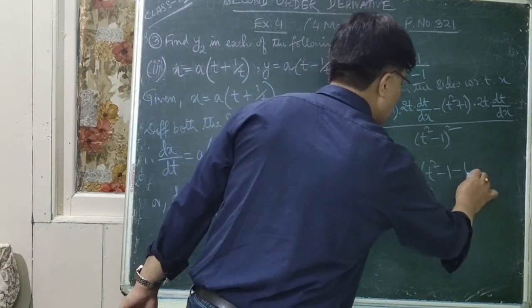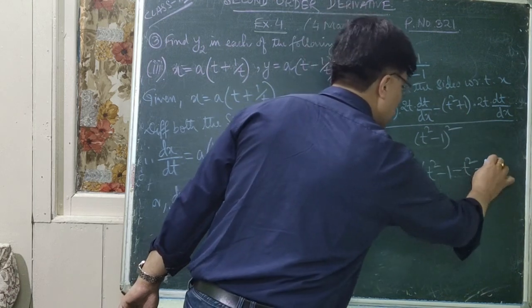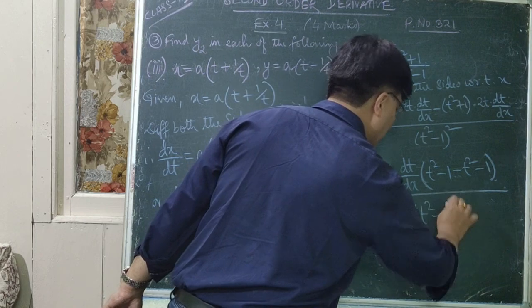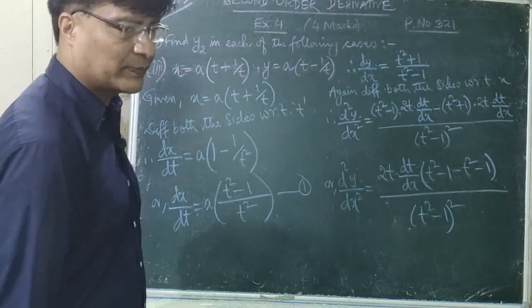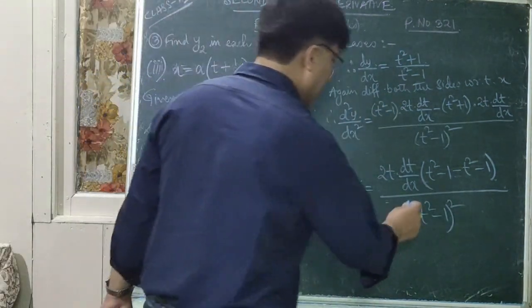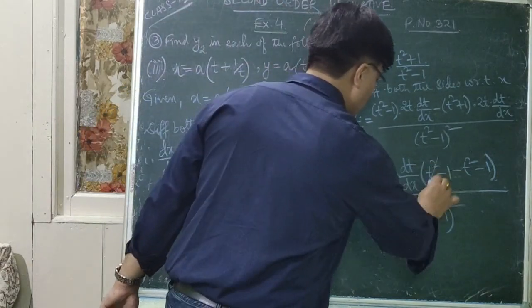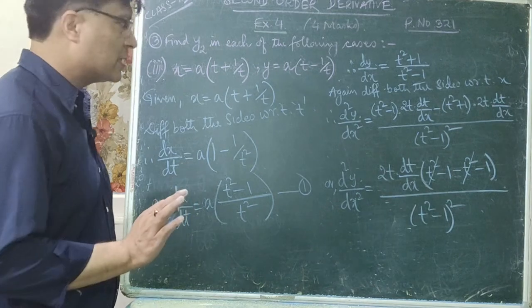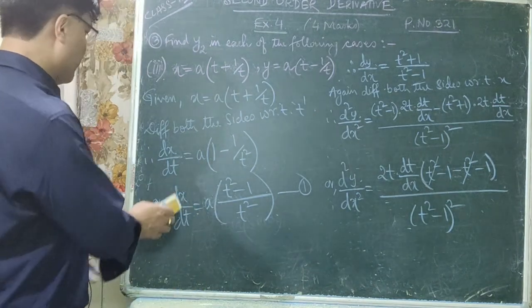So minus t square, minus into plus minus 1. Whole divided by, this is your t square minus 1 whole square. Okay, so now here you can cancel this, t square and t square get cancelled, right? Now you can simplify it further.